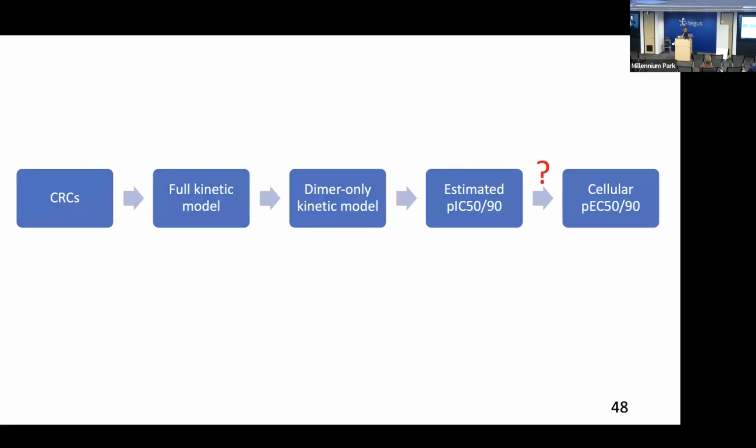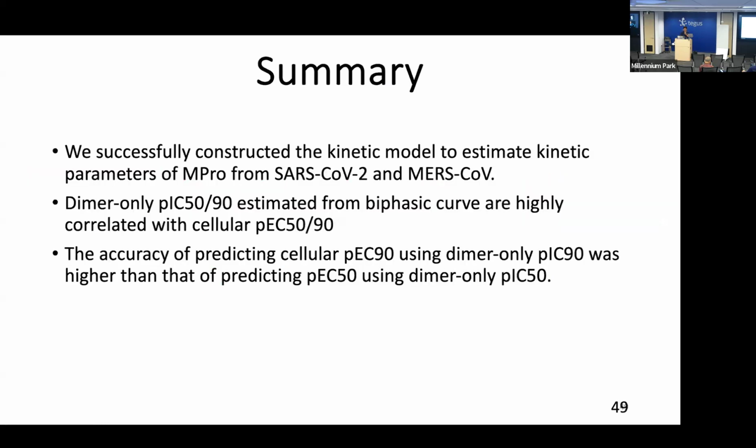So I just want to start to wrap up. Basically, we showed that if we fit our full model to the data and made a prediction of what would happen, it would give us a better picture of what happens in the cell. And it was better than these simple metrics that had been tried by the consortium prior to our work.